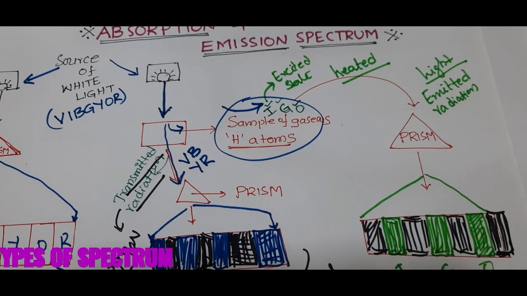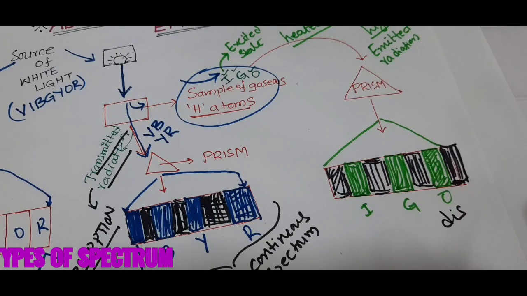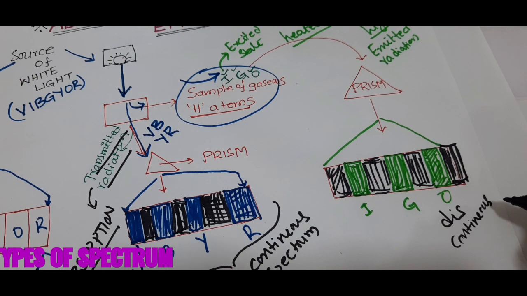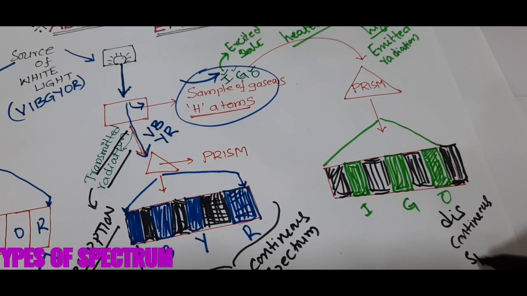So this is also an example of a discontinuous spectrum, because all the spectral lines, all the radiations are not in touch, they are separated by gaps. Discontinuous spectrum.